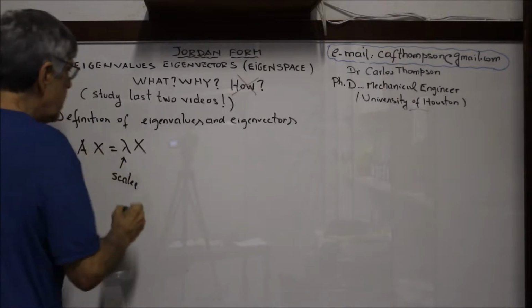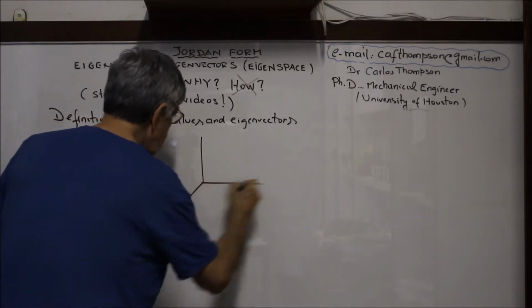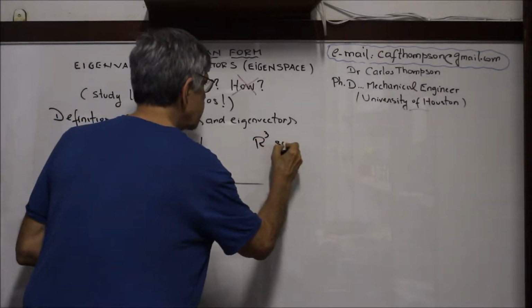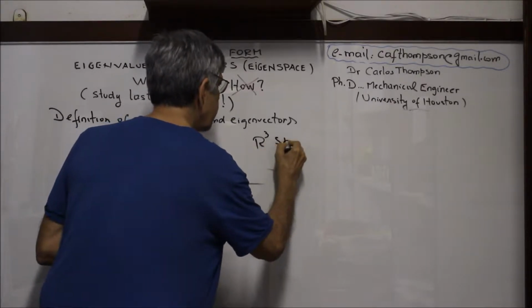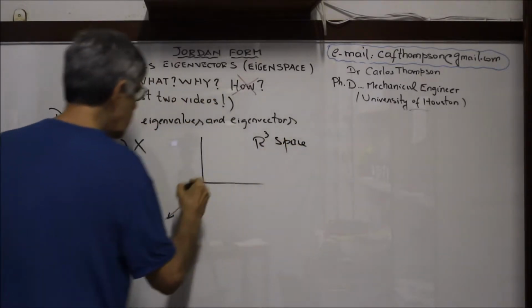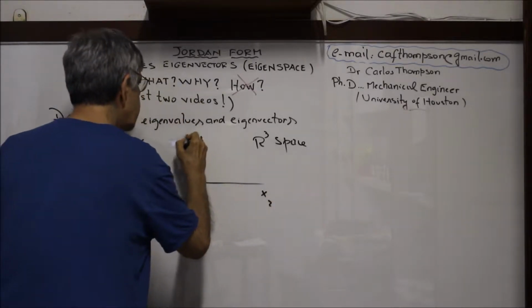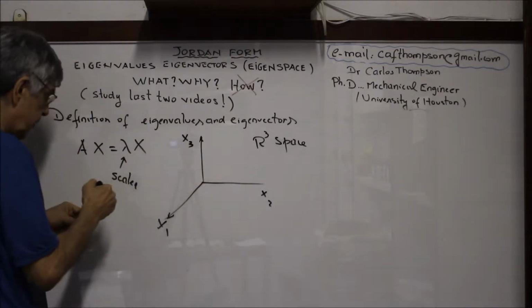We can see here, let's assume, for instance, that we are in the R3 space, with X1, X2, and X3. Let us visualize this right here.